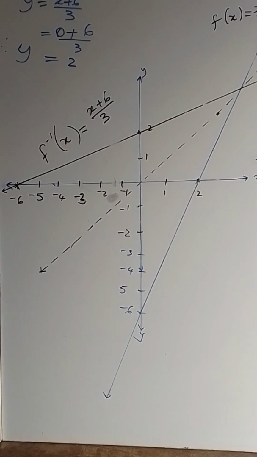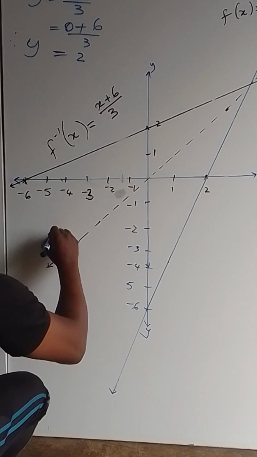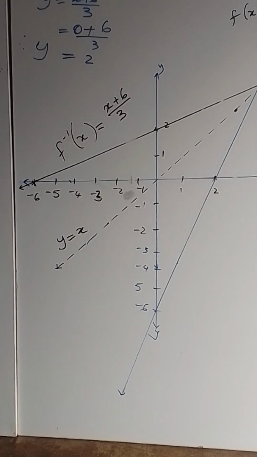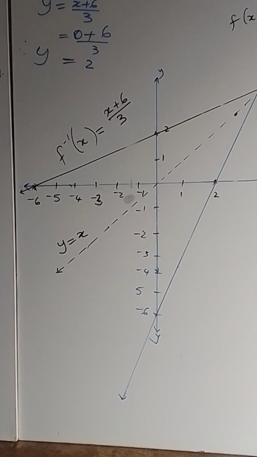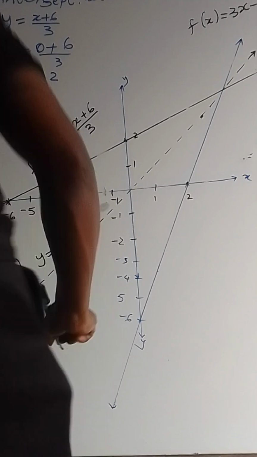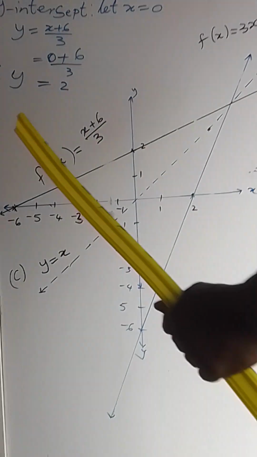The line of symmetry says y is equal to x. This is our C. This is point C. Then we come to point D.